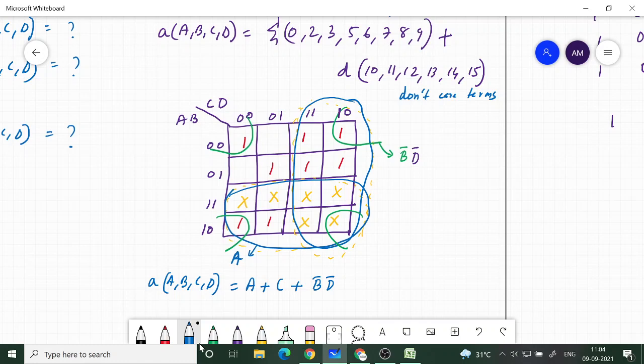If two people are doing it, all of you should get these terms. Okay, there is still one more 1 left here, which is not covered, and we cannot make it part of a group of 8, but we can definitely make it part of a group of 4. Can we do it in multiple ways, or is it only one way we can do it?